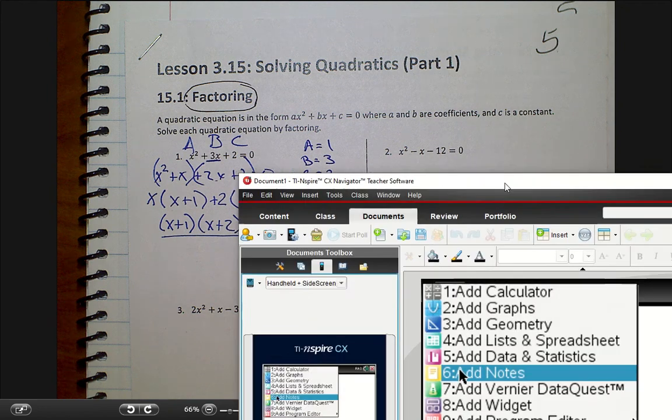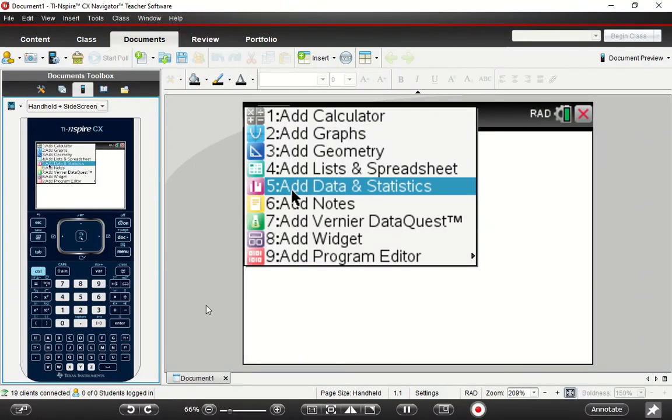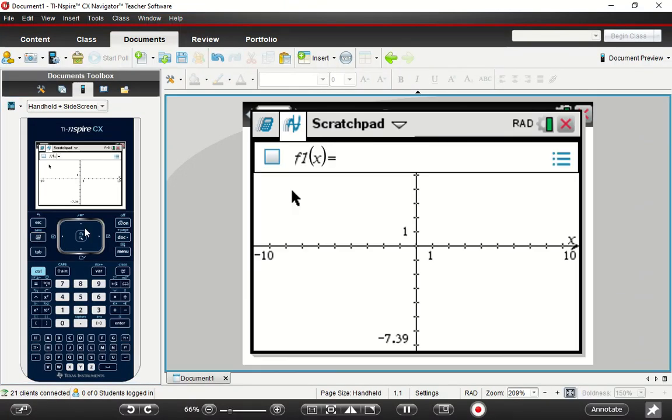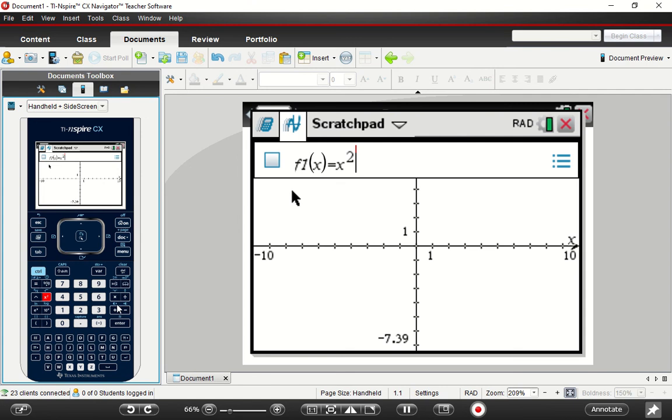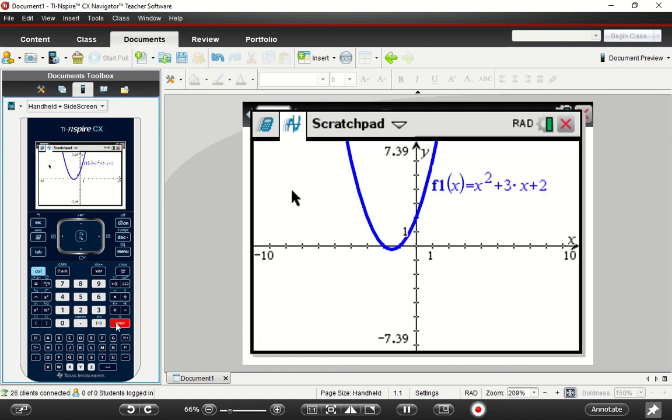Okay, so I'm pulling up my calculator now. All right, so I've got my scratch pad. We cleared the scratch pad already, so I have x squared plus 3x plus 2. There you go. Hit enter. There's my graph.